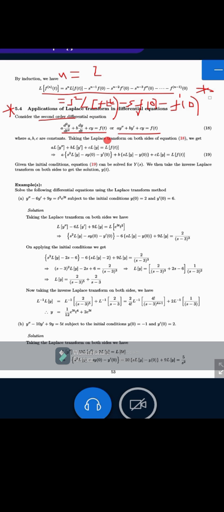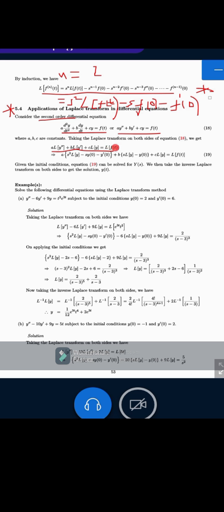So this is simply telling us that we are applying the Laplace transform on both sides, and we said that a, b, and c are constants. So a can come out, so we have a times the Laplace transform of y double prime plus b times the Laplace transform of y prime plus c times the Laplace transform of y is equal to the Laplace transform of f of t.